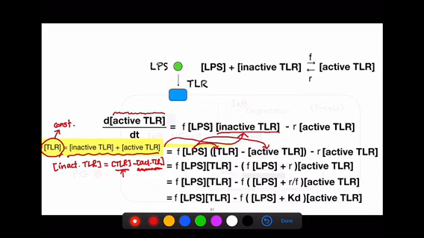So we get to have these two terms. And then these two terms can now be combined with active TLR. So we'll have one term over here and the other term with active TLR, which is multiplied by F LPS plus R.